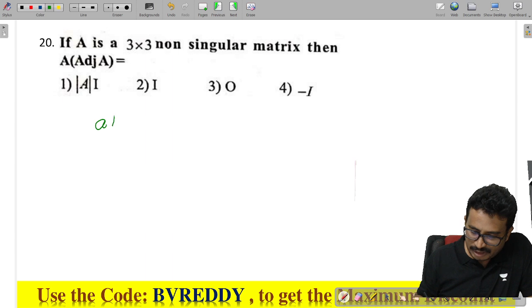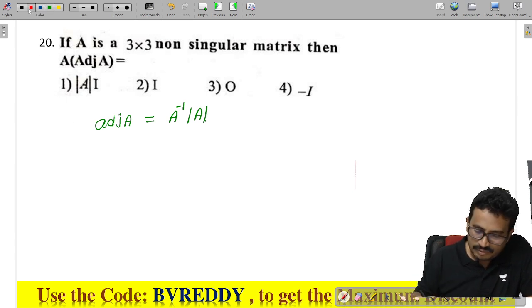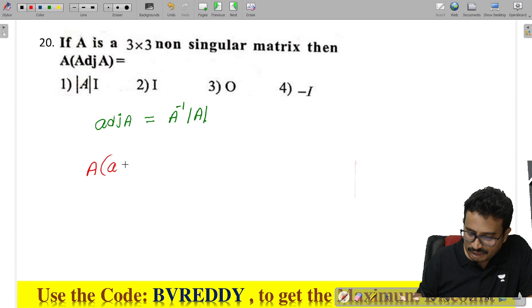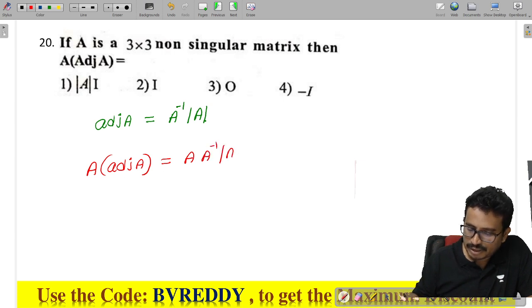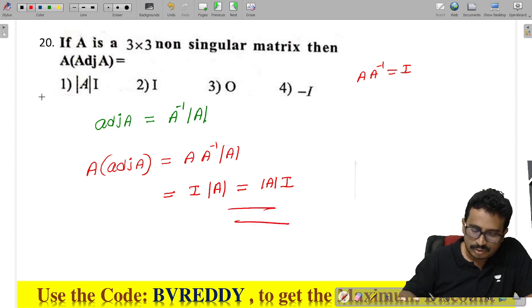As we know, the adjoint of a matrix is given as A inverse into det A. So here I need to find A into adjoint A, which is A into A inverse into det A. As we know, A into A inverse is nothing but the identity matrix I, so I into det A. The determinant of a matrix is a constant, so this is equal to det A into I. So option 1.